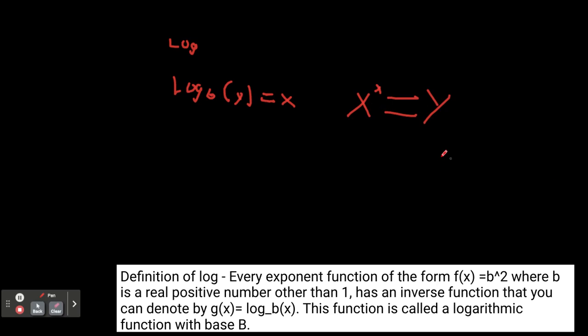In log, it inverses your y, so you get your exponent. So over here, we do log base 2 of 32. Well, it'll give us the exponent that we powered the 2 by to get 32, which is 5.